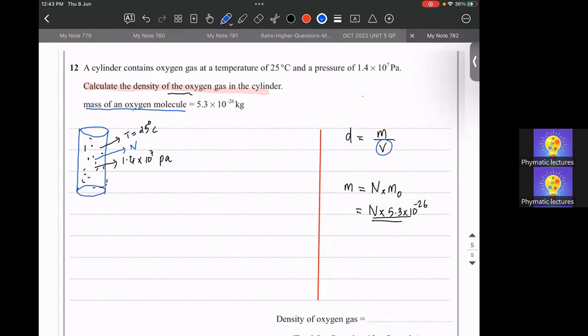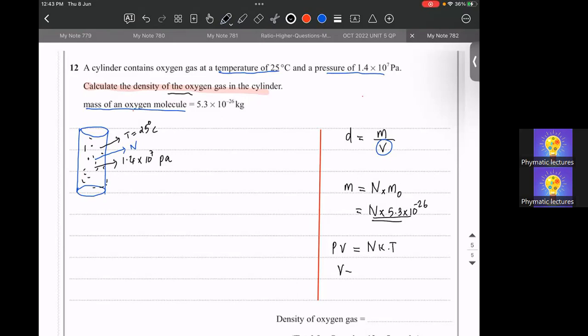Now, how will you find the volume? There is no clue given about volume, but you can find volume using the additional information given. The temperature and pressure of this cylinder are given, correct? So we have another equation, P times V is equal to the number of molecules times the Boltzmann constant times the temperature.